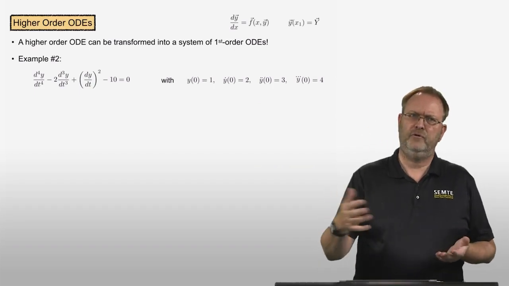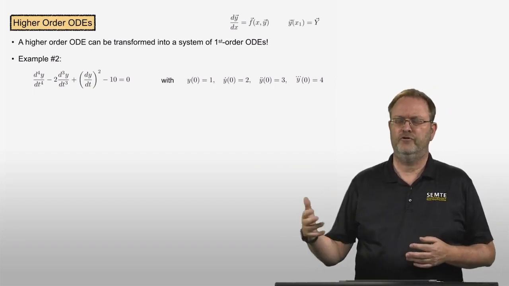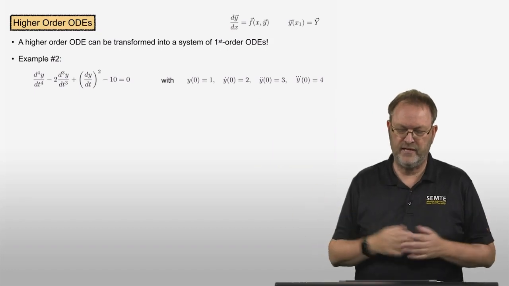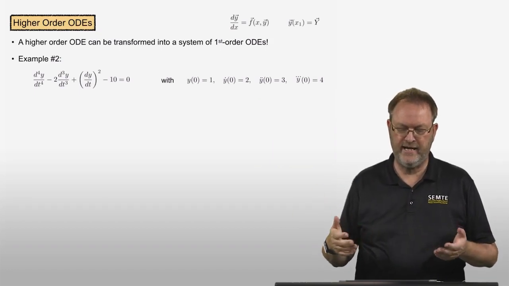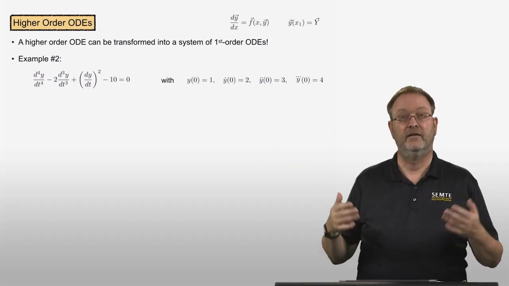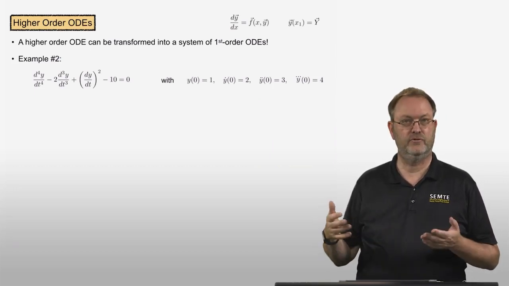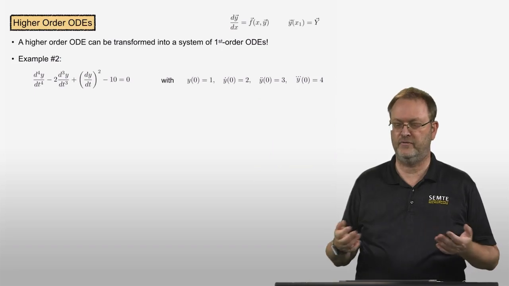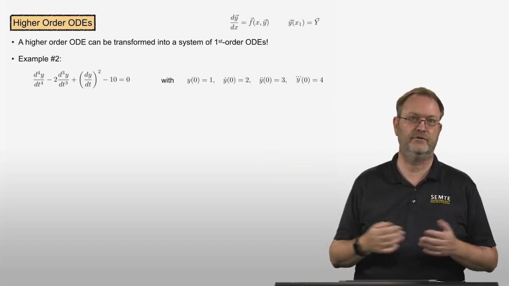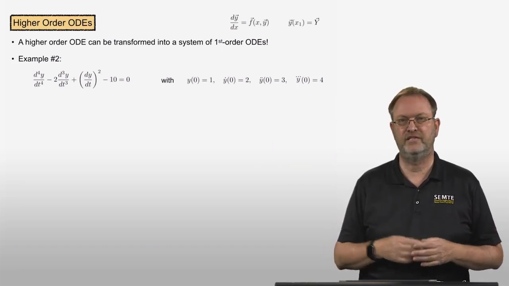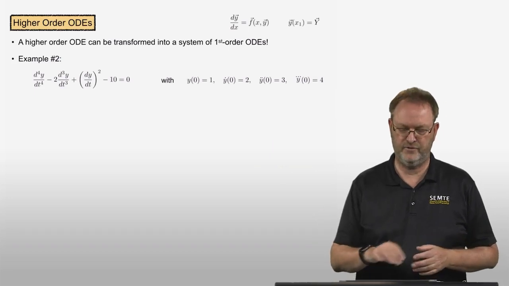And because there's the fourth derivative in here, we need 4 constraints, and those constraints are given here. Y at t equal to 0 is 1. The first derivative with respect to time indicated by this y dot is equal to 2 at t equal to 0. The second derivative is equal to 3 at t equal to 0. And the third derivative is equal to 4 at t equal to 0.